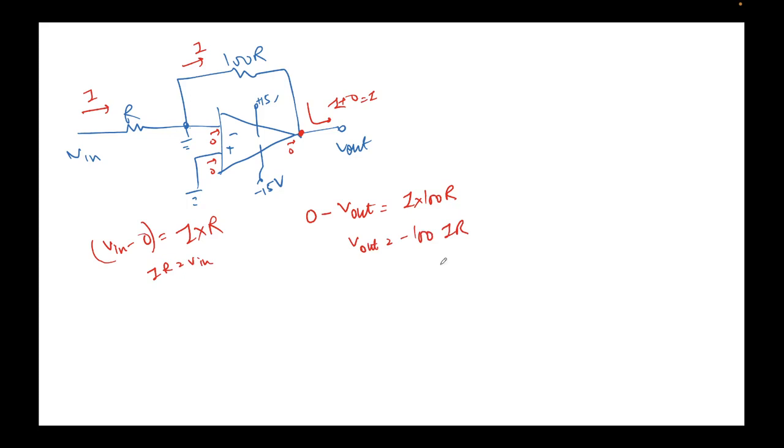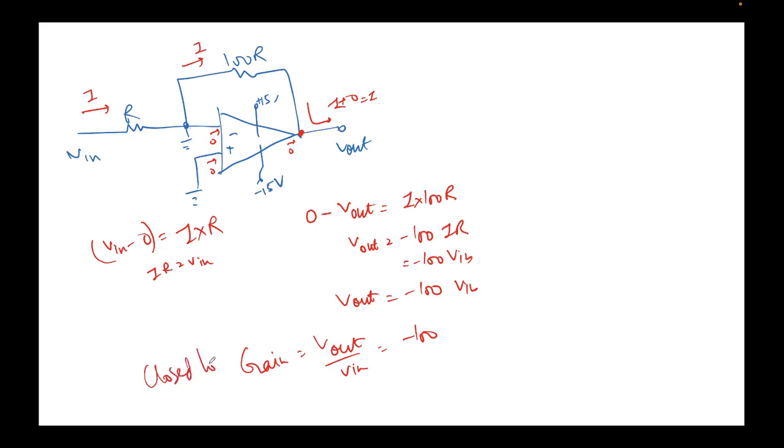IR value is V in, so I'm simply replacing it here. So V out equal to minus 100 times V in, or V out upon V in equal to minus 100. This is what I called gain, and to be more precise, closed loop gain.